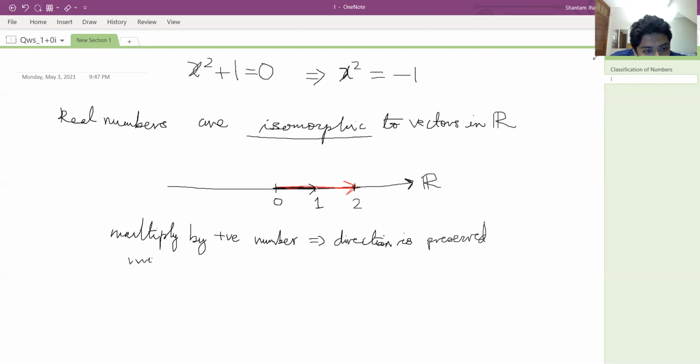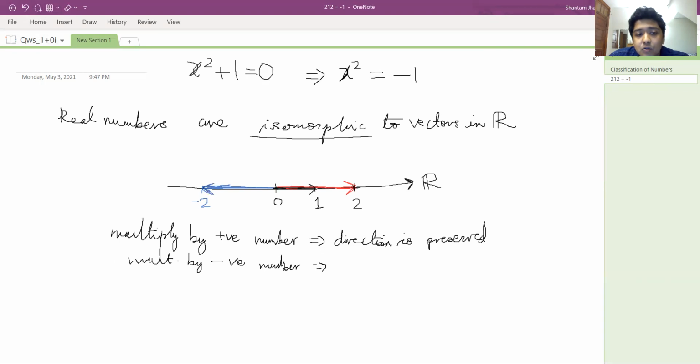What happens now when I multiply by a negative number? Let's use our vector 1 as an example. When I multiply 1 by, say, now -2, what do I get? I get this blue vector, -2, which is directed the other way.